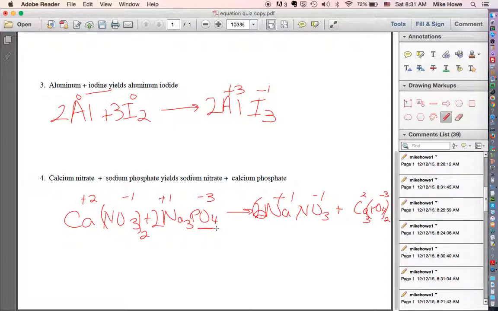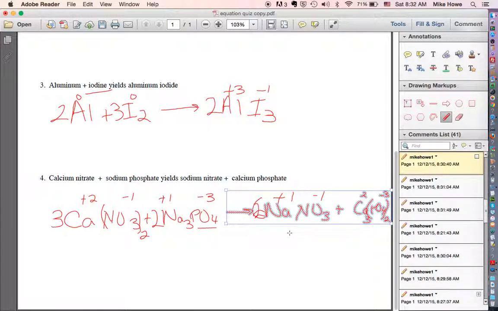That also gives us 2 of these phosphates, but look, we had 2 phosphates. So the only thing that's left to deal with is our calciums, I guess, and our nitrates. So we've got 3 calciums here. This side is only 1, so if I put a 3 there, that gives me 3 calciums. But then the side effect of that is it gives me 6 nitrates, because 3 times 2. But over here, we had 6 times this 1 nitrate.